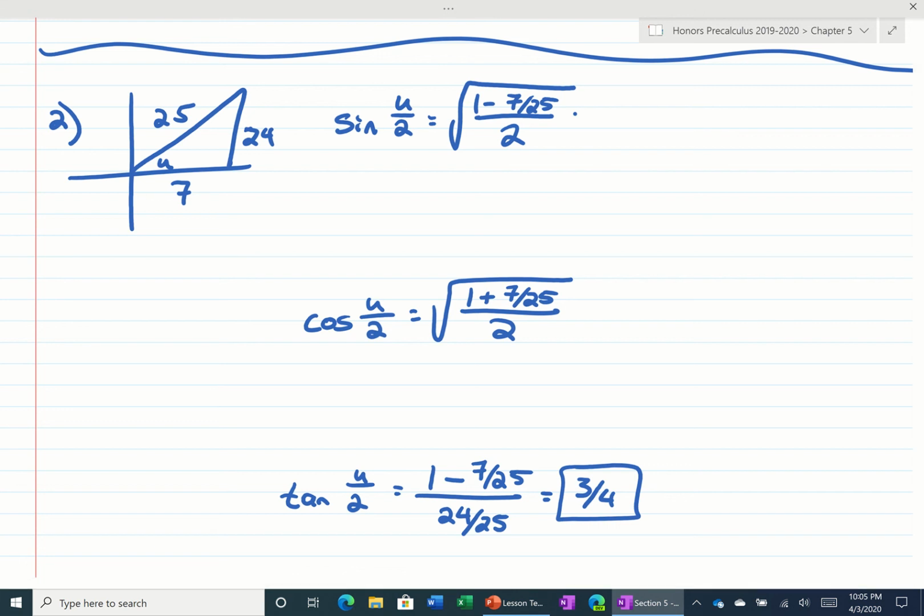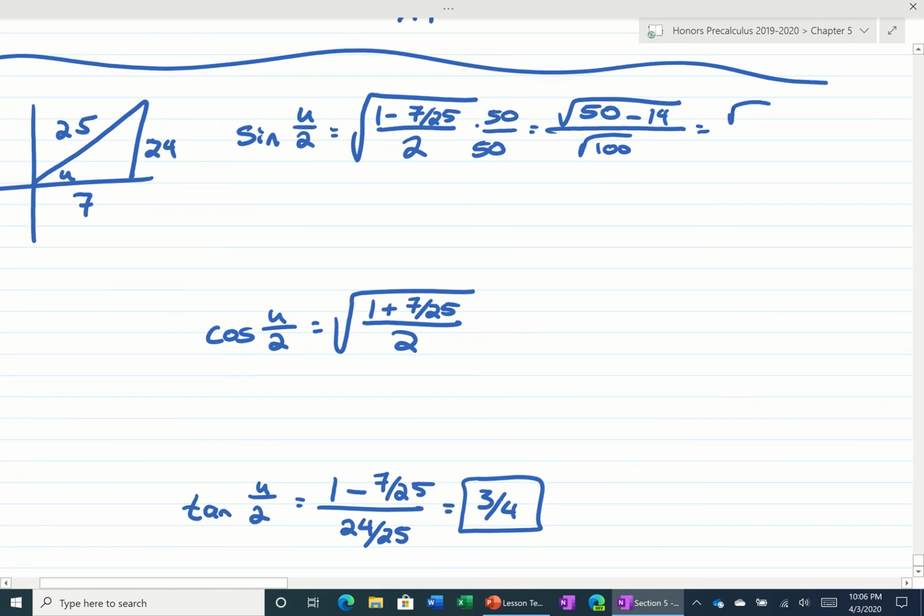So we could do this a couple different ways. I know if I multiply by 50, that would get rid of fractions, and we would get the square root of 50 minus, let's see, 25 goes into 50 twice, minus 14, all over the square root of 100. 50 minus 14 is 36 over 10, which is 6 over 10, or 3 over 5.